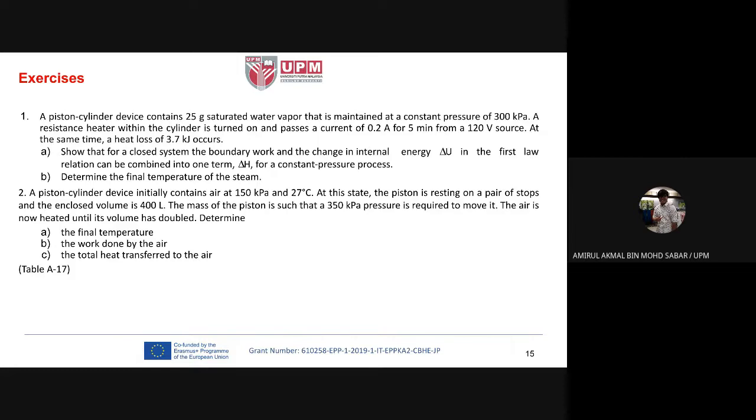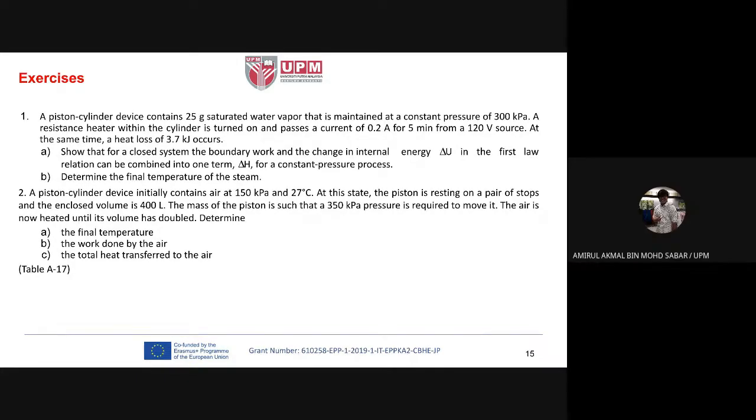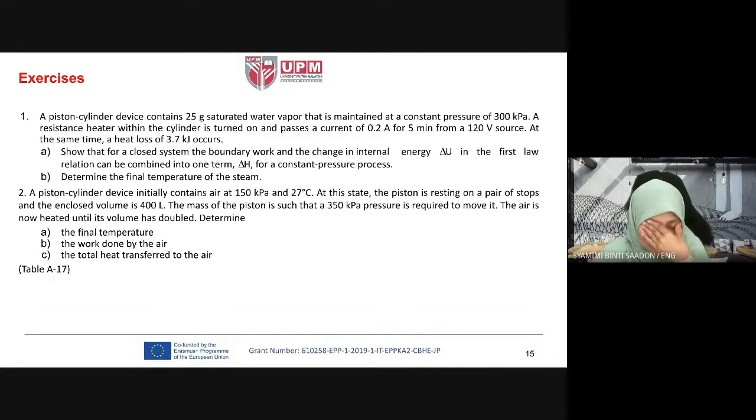The sentence says turn on and pass a current of 0.2 ampere. Oh, ampere tu. Current. So 120 volt multiply with 0.2 ampere and multiply with the time, 5 minutes change to seconds, so 300 seconds. So you get electrical work in joule or kilojoule.